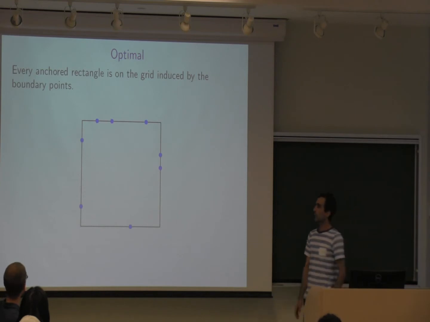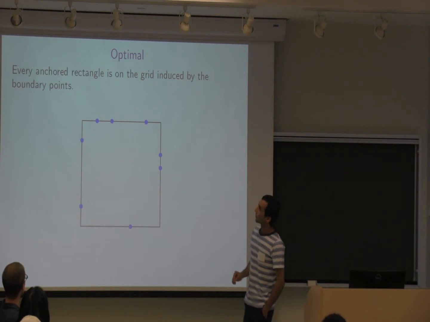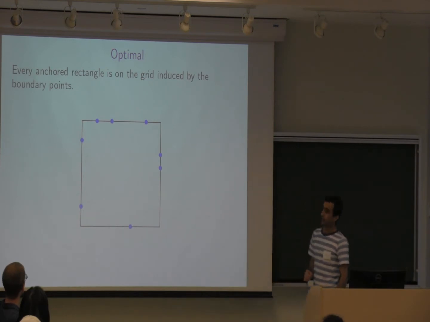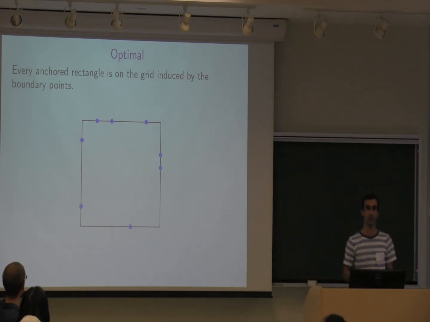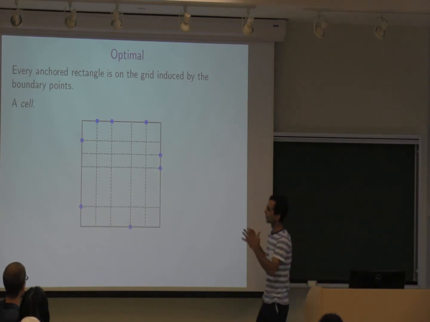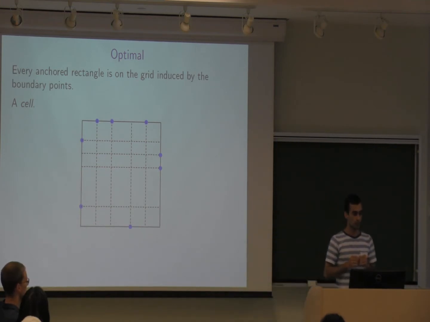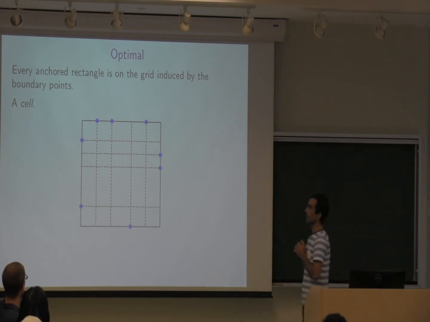So the first observation is that in an optimal solution, every n-chord rectangle is on the grid induced by those blue points. So if you draw lines through the points, vertical and horizontal, you will get this nice grid, and you can show that there's always an optimal solution that lies in this grid.